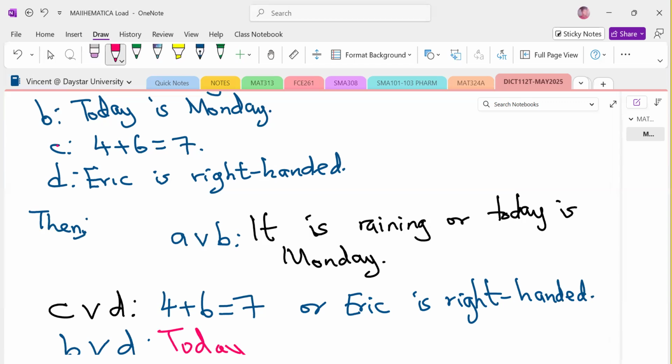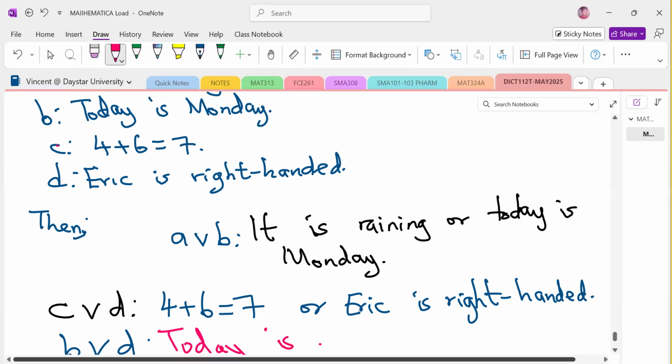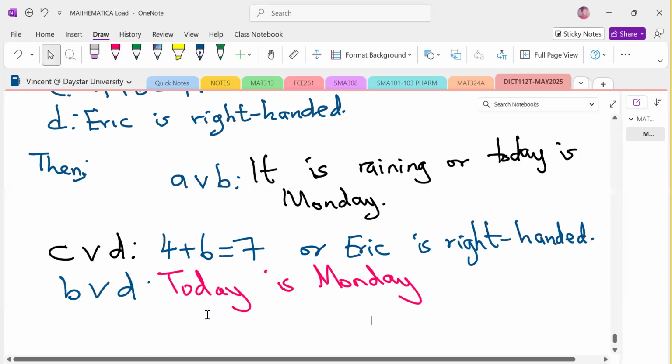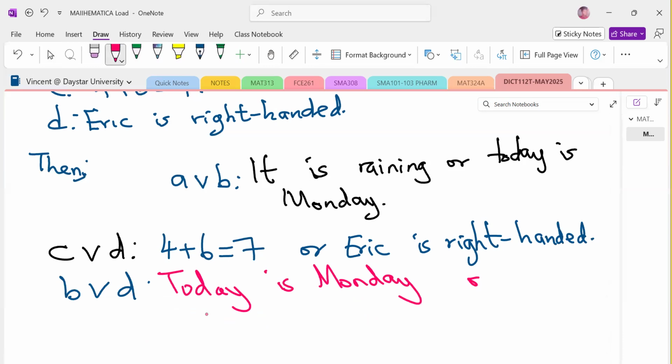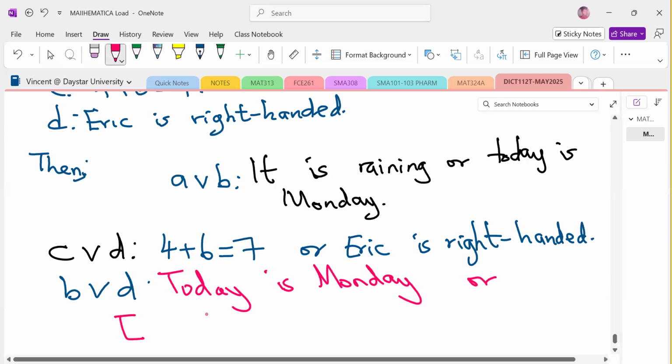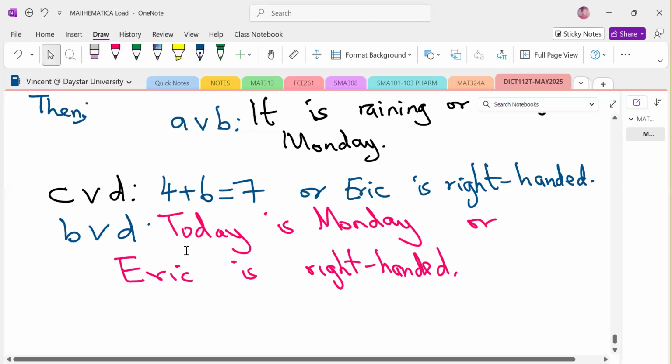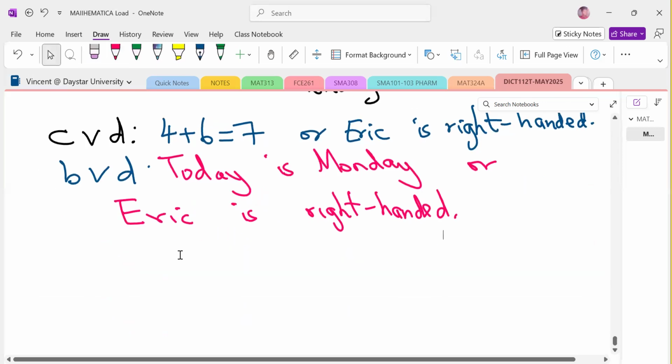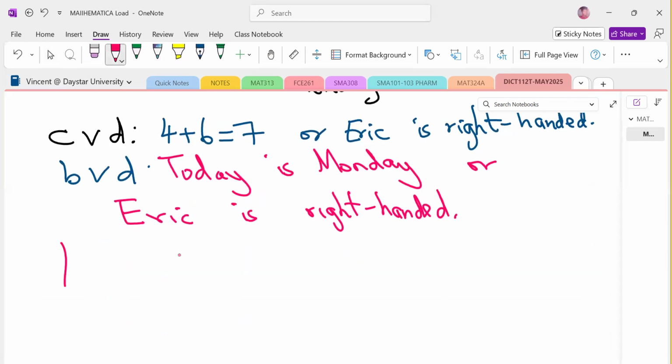So that's usually what we do to form a disjunction if we are given two atomic statements. So with the three examples, it should be good to do as many other examples as you like. So the next is now to draw a truth table.